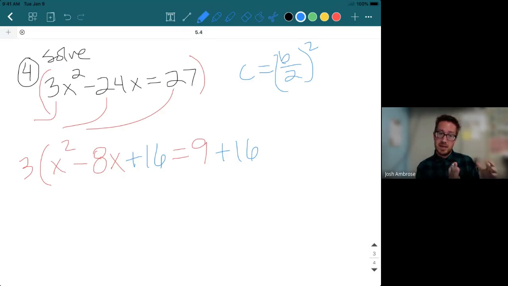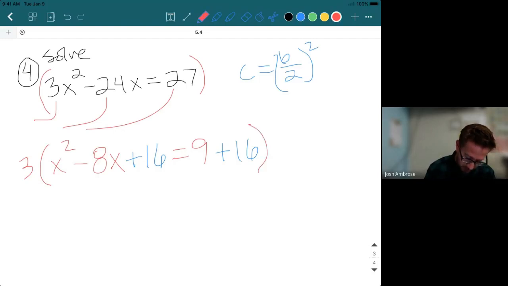Put it in the place where c belongs, but add c to the constant value on the other side. Okay, so now let's close that parenthesis, and let's factor that perfect square trinomial, because this right here is now a perfect square trinomial.